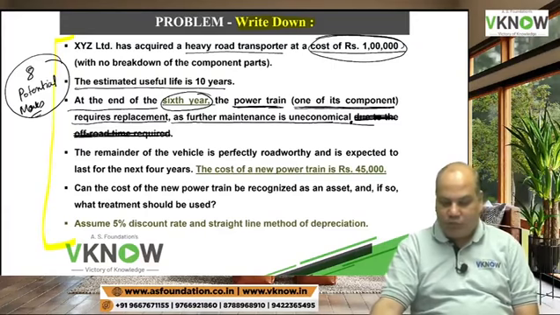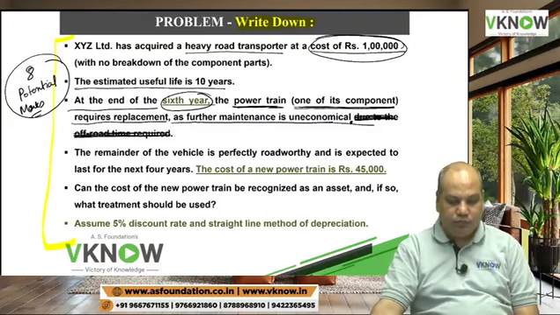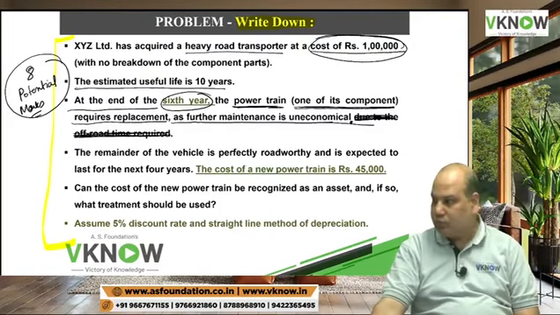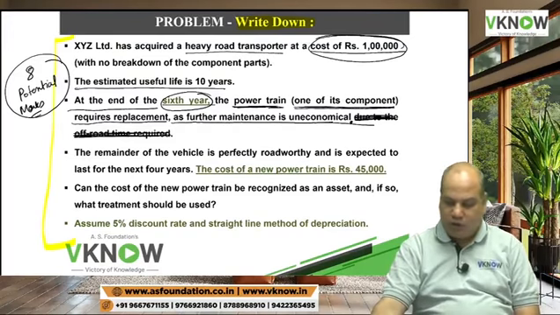Second line, write down: the remainder of the vehicle is perfectly roadworthy and is expected to last for the next 4 years.